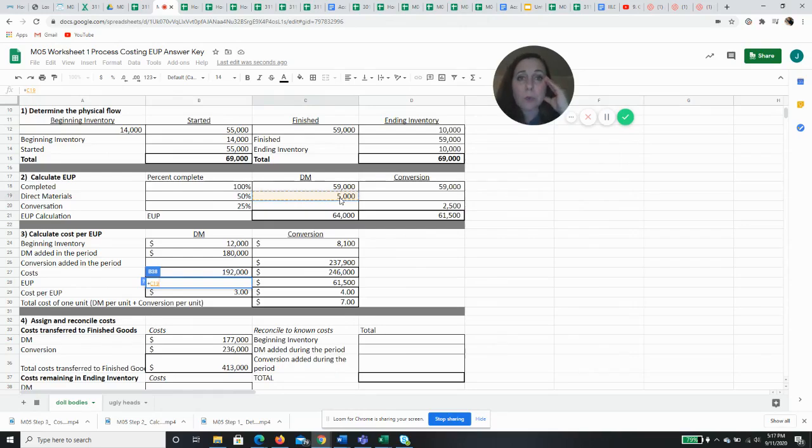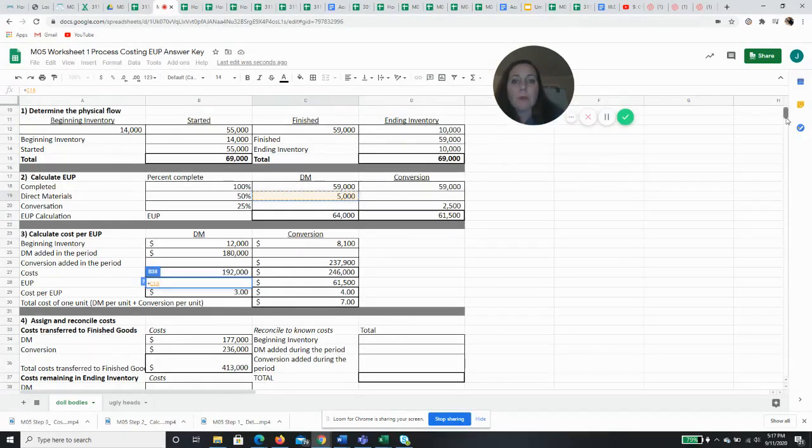I will warn you, this is where most people get screwed up. They either try to put the whole 64,000, which isn't right because we've already accounted for this 59,000 in the one we just did, or they try to put the whole 10,000. But remember, these aren't finished. The 10,000 aren't finished. The 5,000 is if they were finished, it would be the equivalent of 5,000.